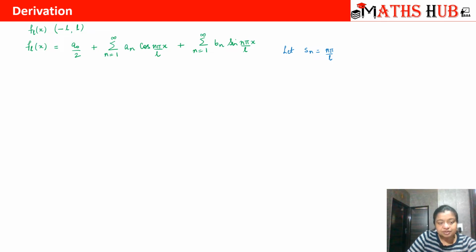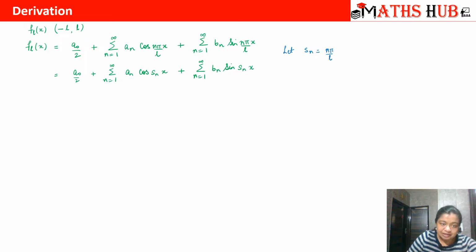When we put the substitution, we will get a0 by 2 plus summation n going from 1 to infinity a_n cos(s_n x), since n pi by L gets converted to s_n, plus summation n going from 1 to infinity b_n sin(s_n x), again n pi by L becoming s_n, right? Now let us put the values of these coefficients, that is a0, a_n and b_n.